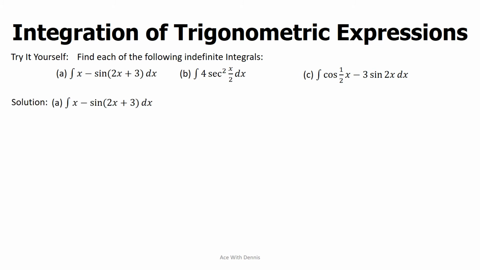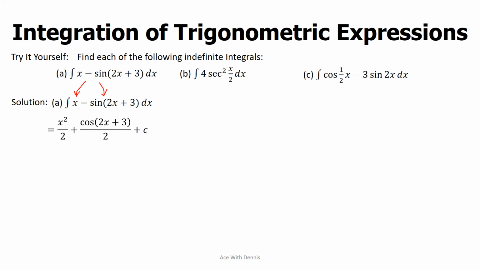Here is the solution. For A, integration of x minus sine 2x plus 3 dx, you can integrate them separately. This is the first function x and this is the second function minus sine 2x plus 3. So integration of x, you get x squared over 2.